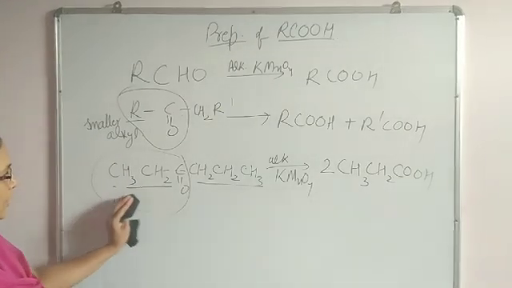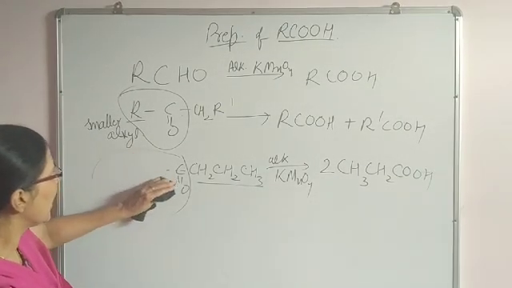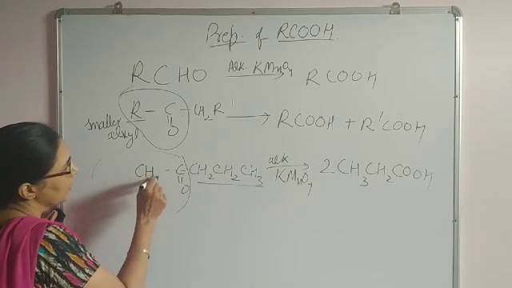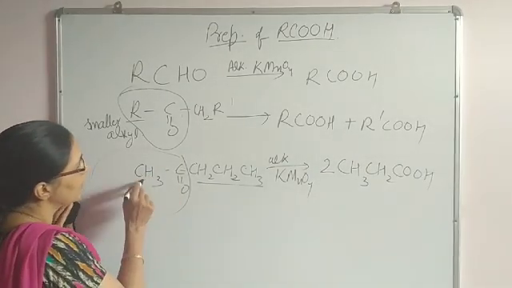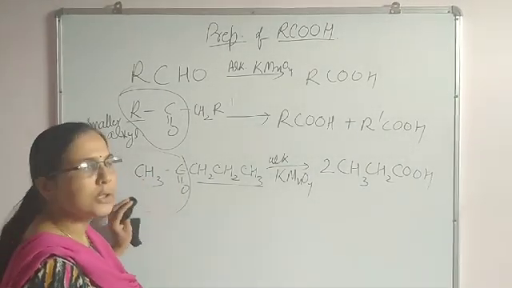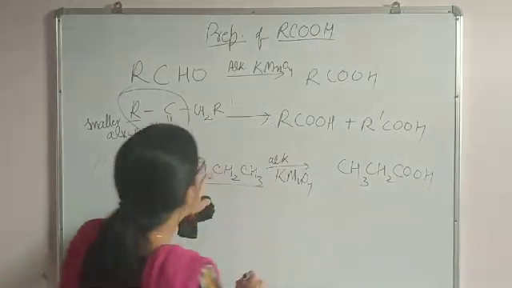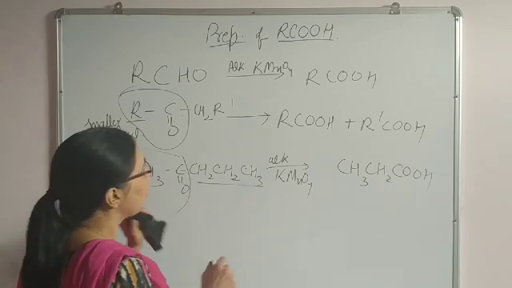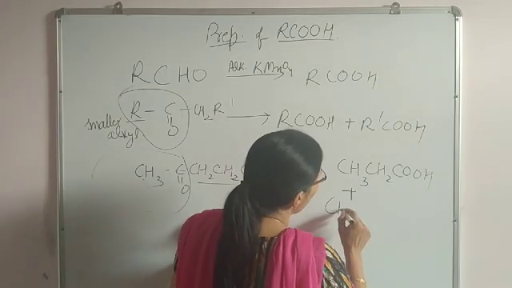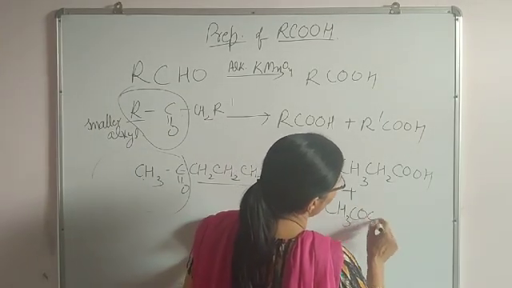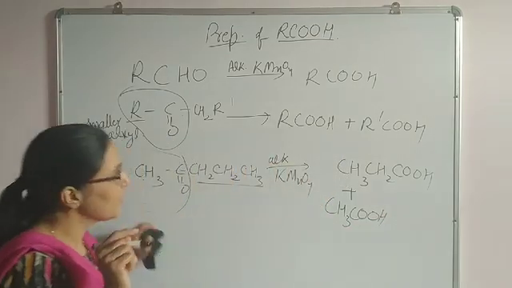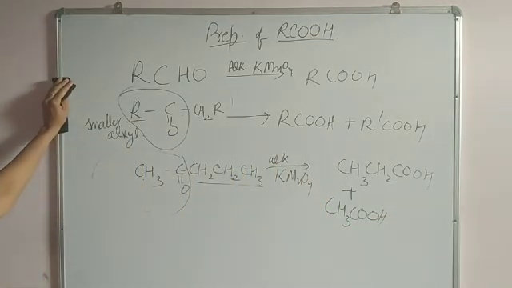Okay. Suppose this one is only 1 carbon containing. Then what will happen? CO will go with the 1 carbon containing methyl group and you will get 1 molecule of 3 carbon containing and another molecule of 2 carbon containing. This is according to Popoff's rule you have studied earlier.